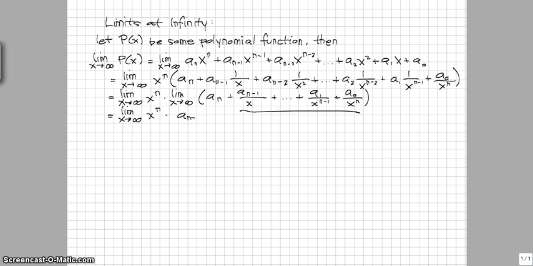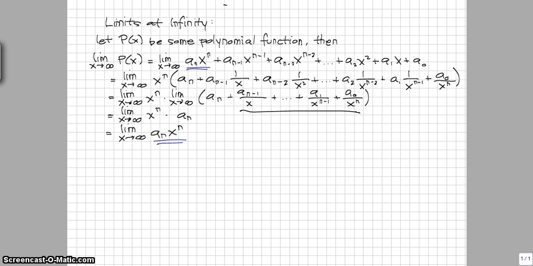And I can rearrange that a little bit. This a sub n is outside of my limit, but I can put it back in, and I can write my limit like this: the limit as x approaches infinity of a sub n x to the n. Well, what do I have here? This limit is actually just of the very first term, the term with the highest degree from the polynomial.